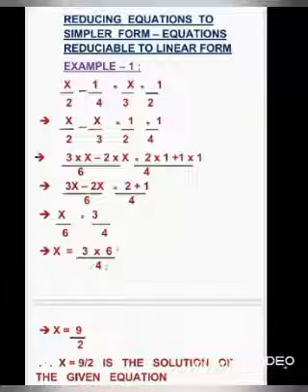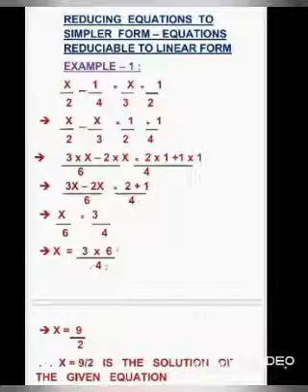Now first let us take the LCM of the denominators on the left hand side. LCM of 2 and 3 is what here? 6, isn't it? Now 2 times 3 is 6 into numerator x, minus 3 times 2 is 6 into numerator x, which is equal to, now let us take the LCM of the denominators on the right hand side. LCM of 2 and 4 is what, children? It is 4.